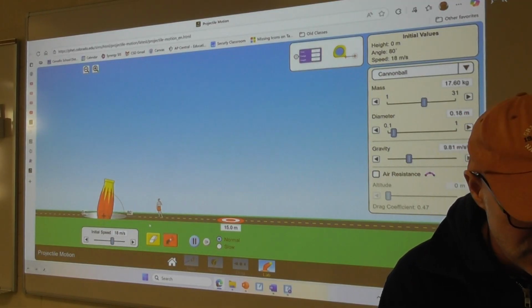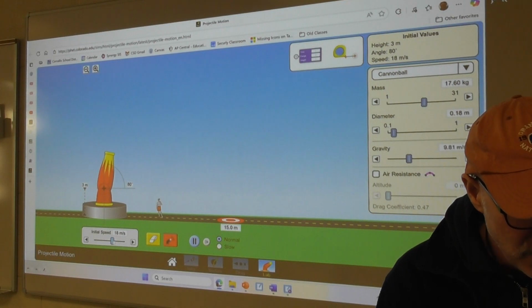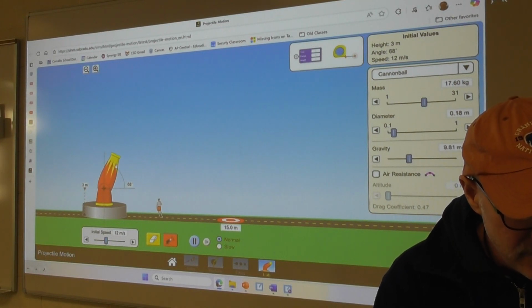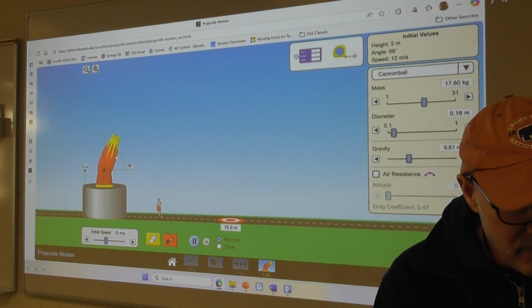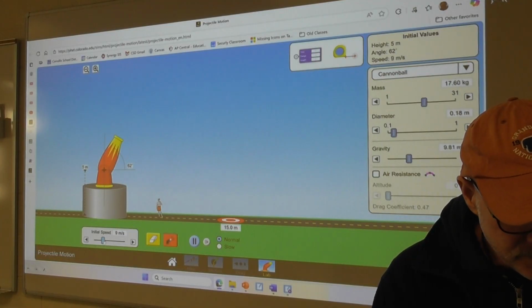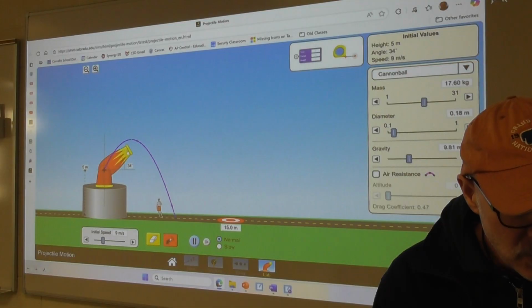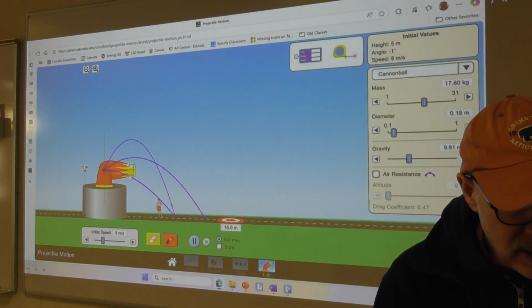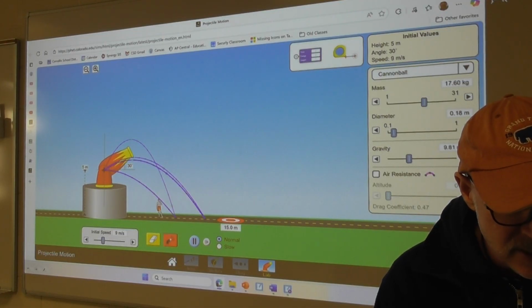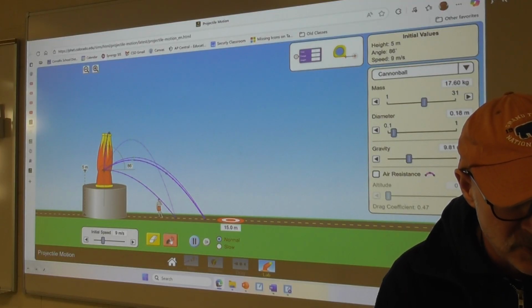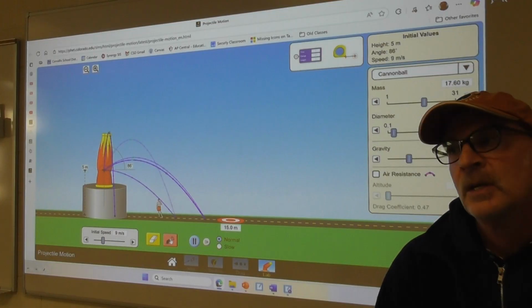So let me clear this so that we can see this a little bit better. I'm going to slow it down a little bit, and at 5 meters off the ground, you'll see that at different angles, we're going to get different distances. So it's all the same speed, it's all the same height, but different distances depending on what the angle is. And if you shoot it straight up, it's hardly going to go anywhere at all.